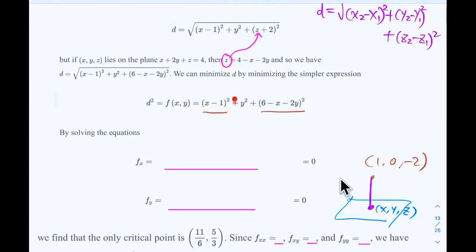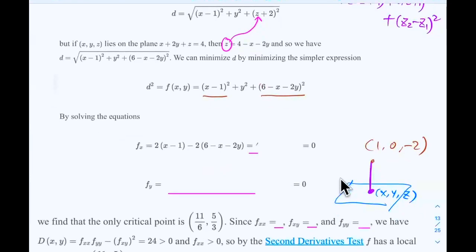By the chain rule, it is going to be 2 times x minus 1. And for this part here, it's 2 times this. The derivative of negative x is negative 1, so that's why there's a minus sign here.